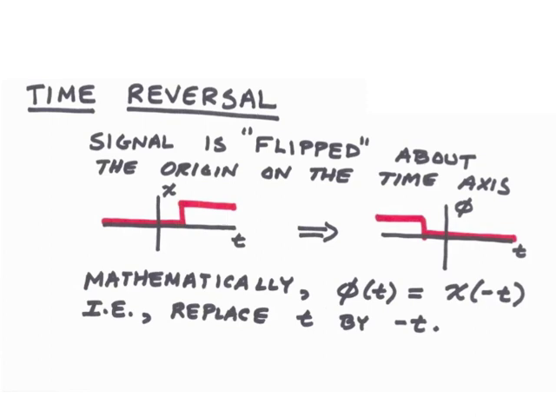Now after we perform time reversal, the signal is flipped around the axis. And now you see that it is non-zero at some values of negative time, but it's 0 for all values of positive time. Mathematically, we write phi of t is x of minus t. That is, we simply replace t by minus t where it appears.